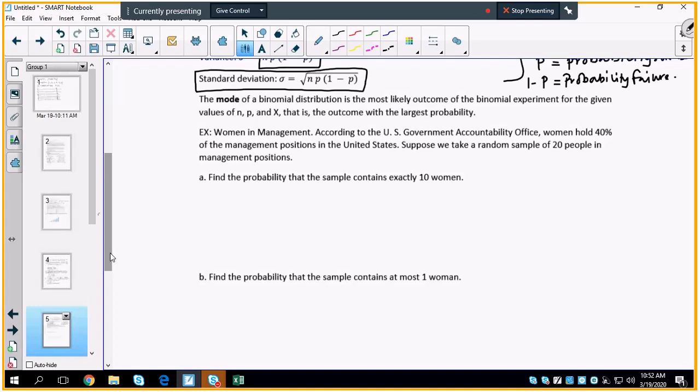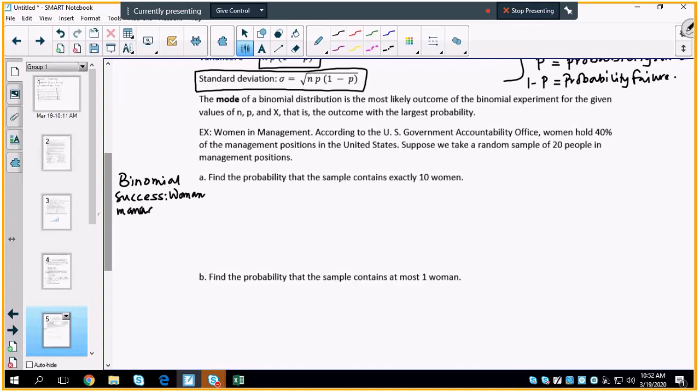So we will say, yes, this can be done by a binomial distribution. Why? Because there is a success, which is the manager is a woman, and the failure is the manager is a man. And in general, we are not going to care about the failure. We will just use everything in terms of the success. So I will just say woman manager is our success.